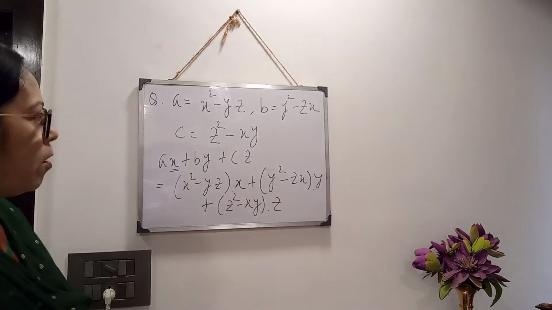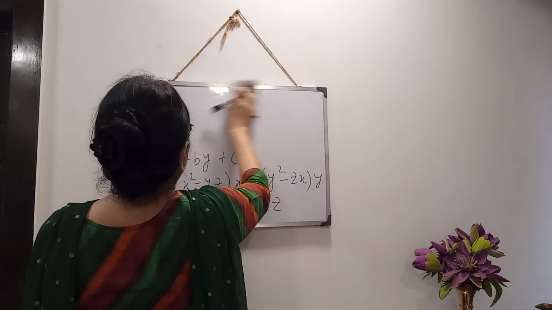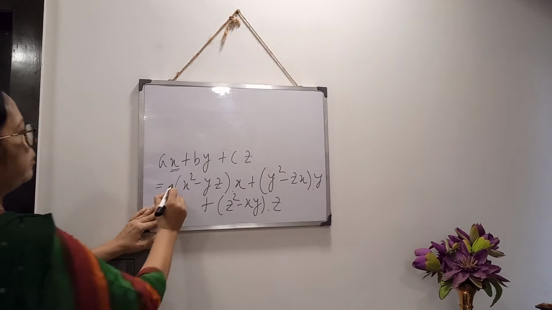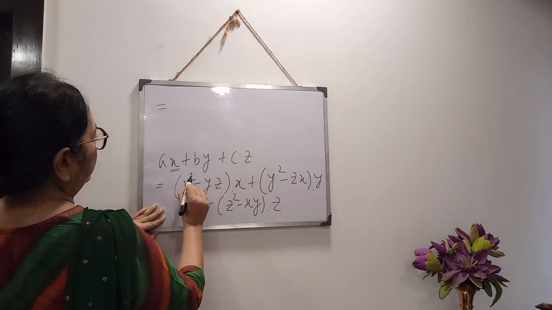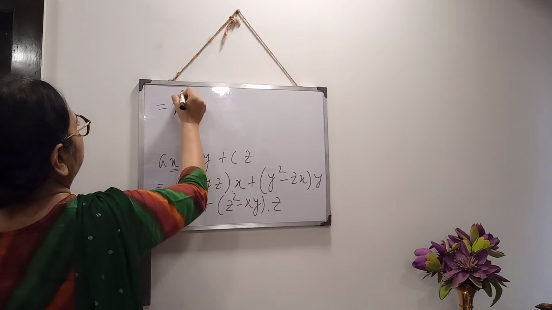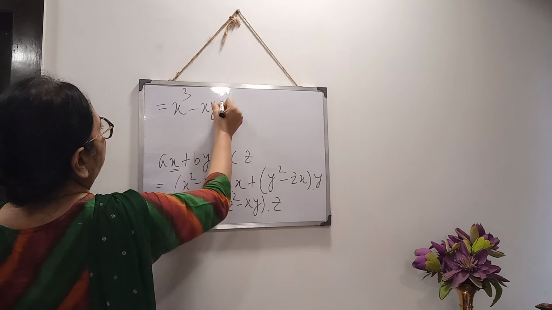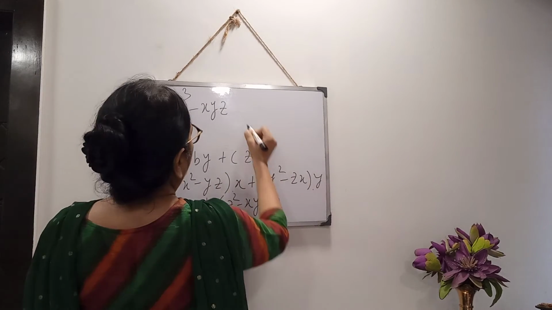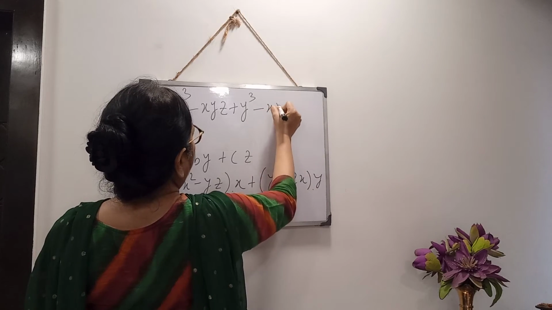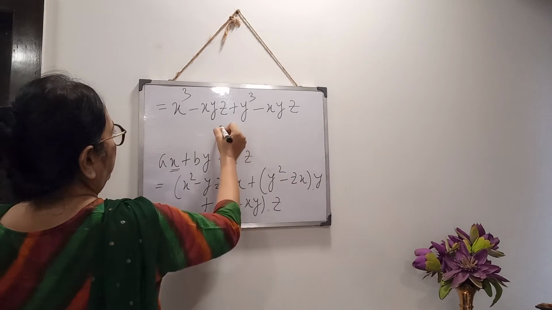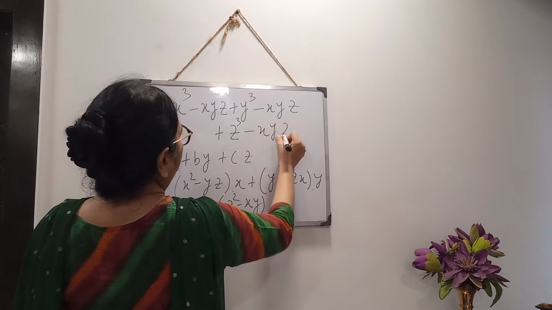The next step, you have to open the bracket by multiplication. So x square into x. You know, in case of multiplication, the power or index will be added. So 2 plus 1 means 3. That will become x cube. And minus different terms, different variables x, y, z. Plus, by the same reason, it will become y cube and minus, writing serially x, y, z. Plus z cube minus x, y, z.